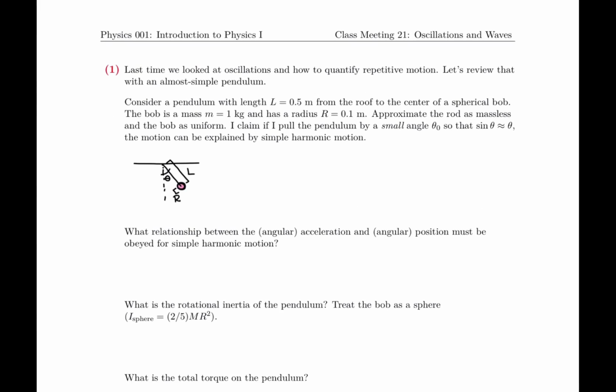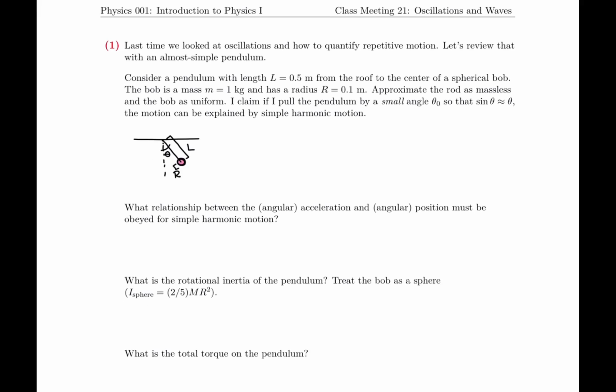Oscillations of a pendulum that's undergoing a small angle displacement and is undergoing simple harmonic motion. And the first step is to prove that's the case. What relationship between the angular acceleration and angular position must be obeyed? A lot of people said something like this, which is true for linear motion.